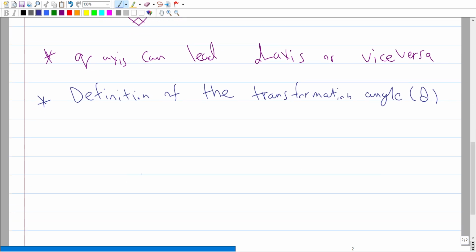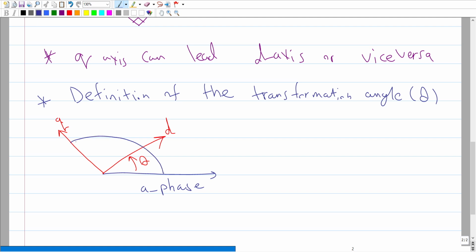You can define the transformation angle to be the angle of the, let me draw something here, and let me use different colors to avoid becoming tedious. This can be the case. This can be theta, or this can be defined as theta.